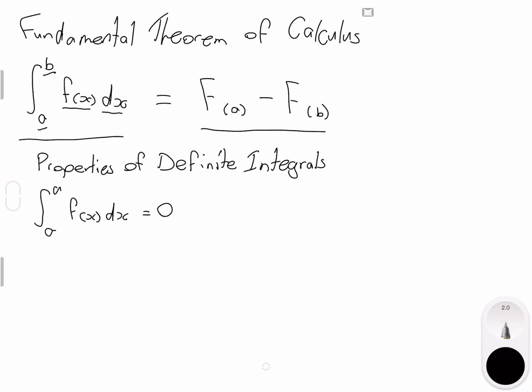The second one. If we've got the definite integral from b to a of f of x with respect to x, it's just the same as minus the integral from a to b.